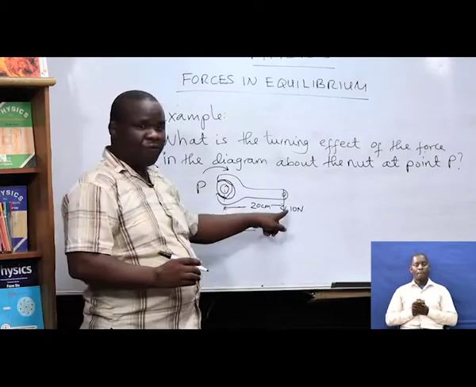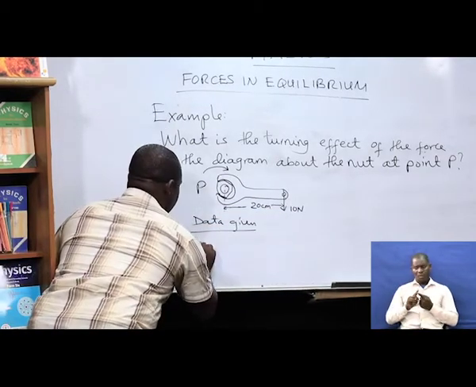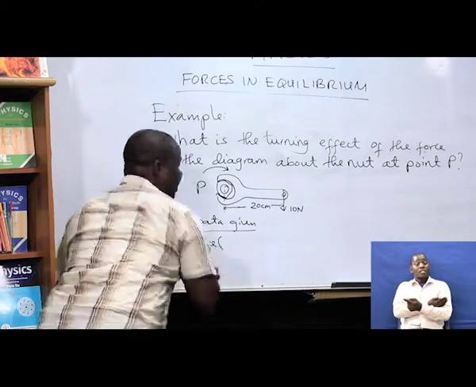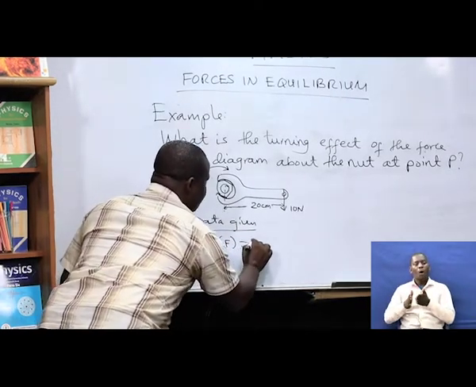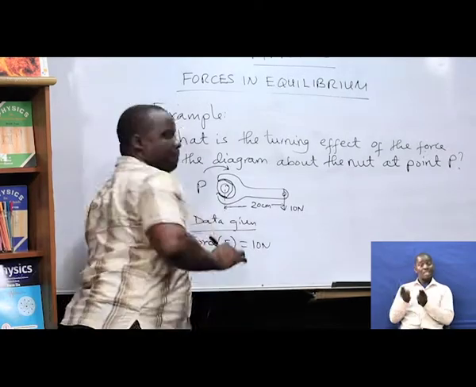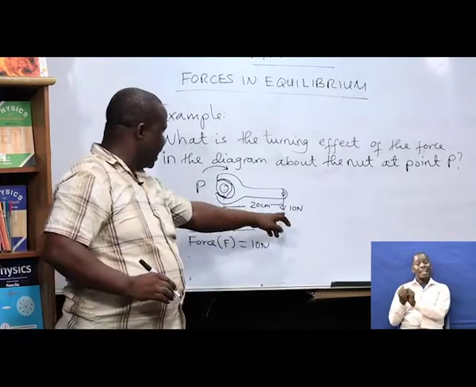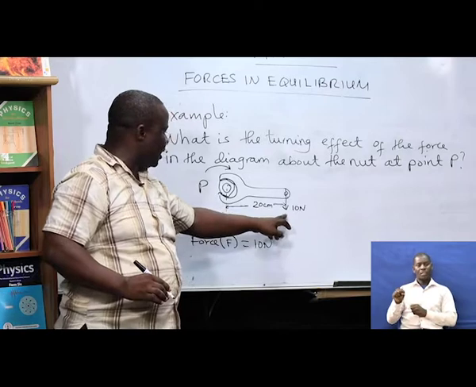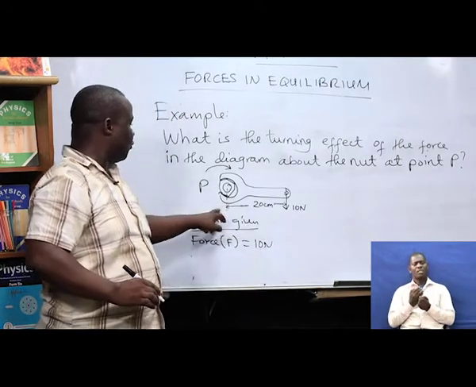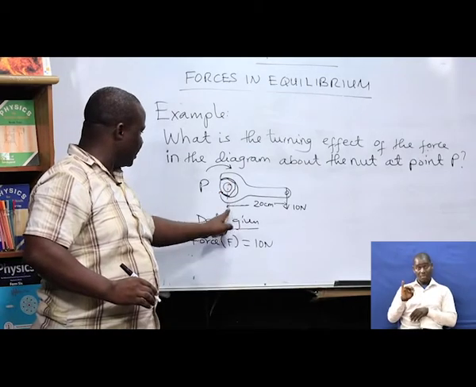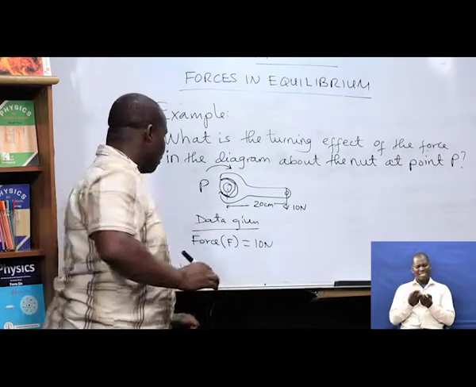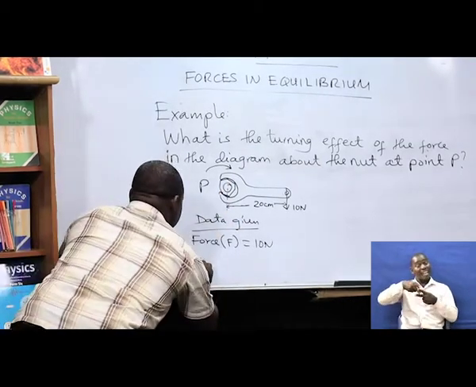Firstly, we have a force, F equals 10 Newton. This 10 Newton is located 20 centimeter away from point P, the center of the nut, so this is the perpendicular distance.